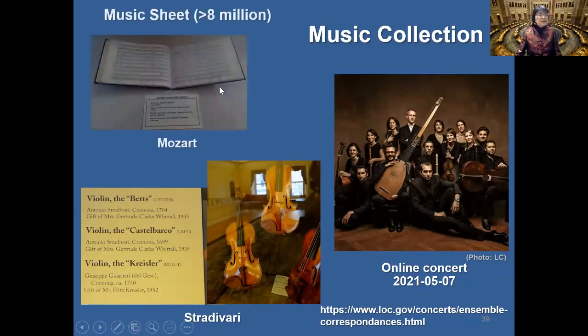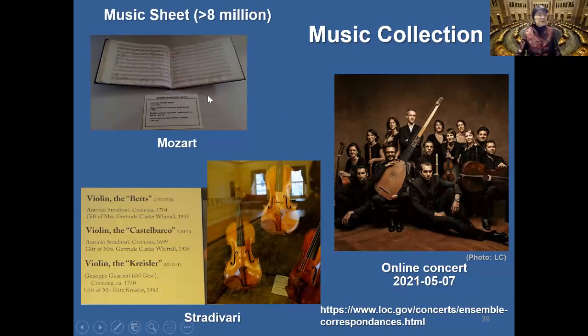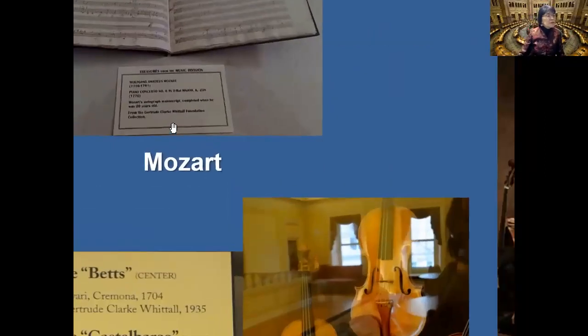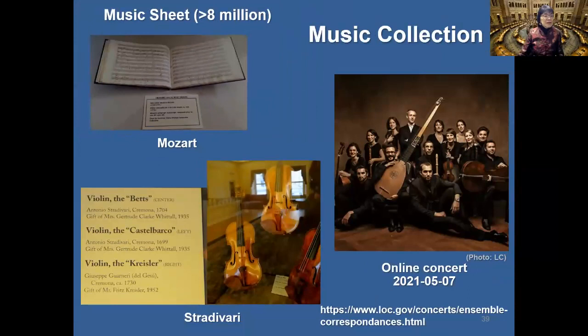They also have a huge collection of more than 8 million sheets of music. One time when I was there, they had a little exhibition case, and what I saw there was a piece of music by Mozart. So they just have this really amazing collection.